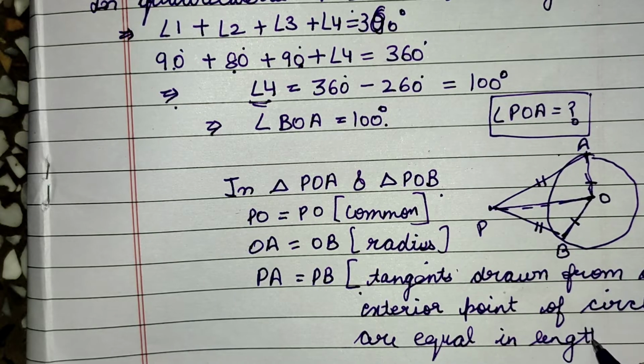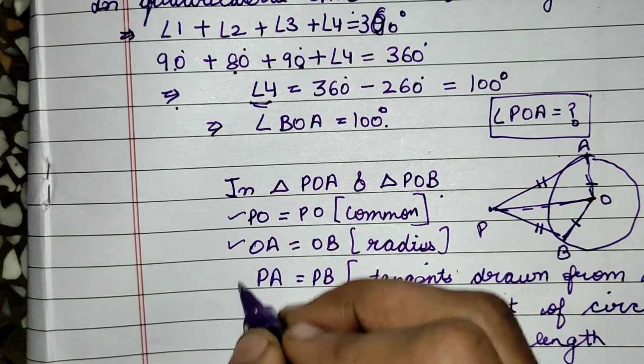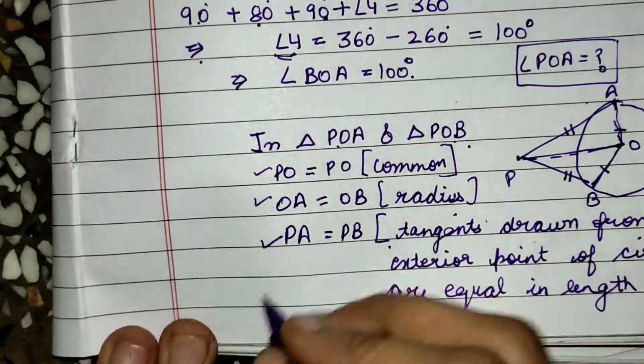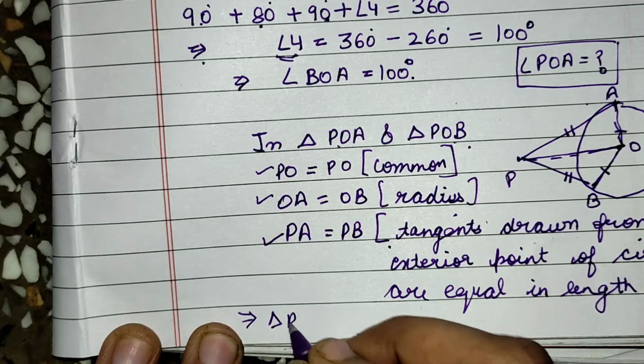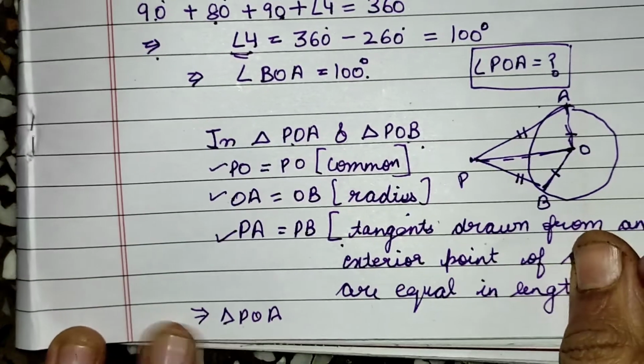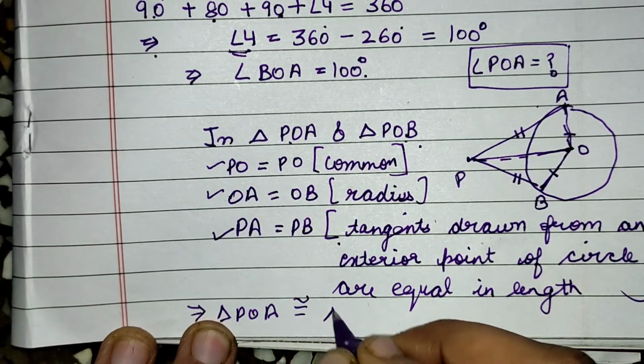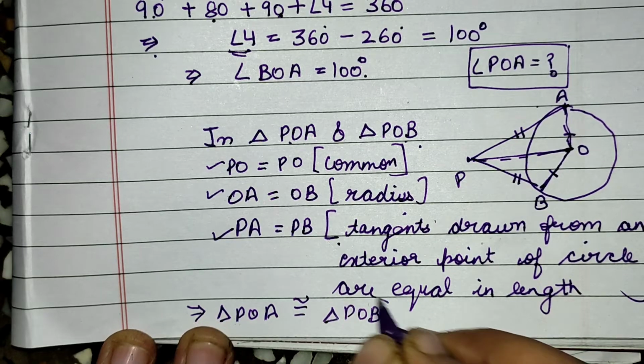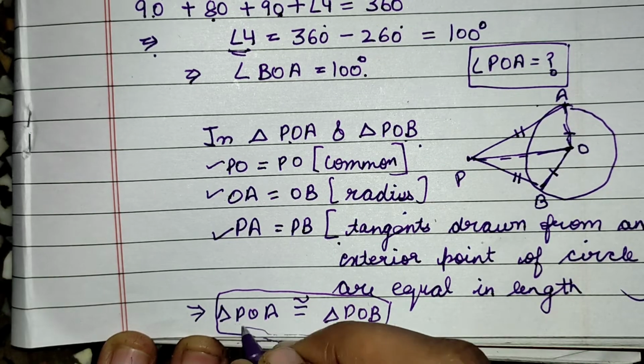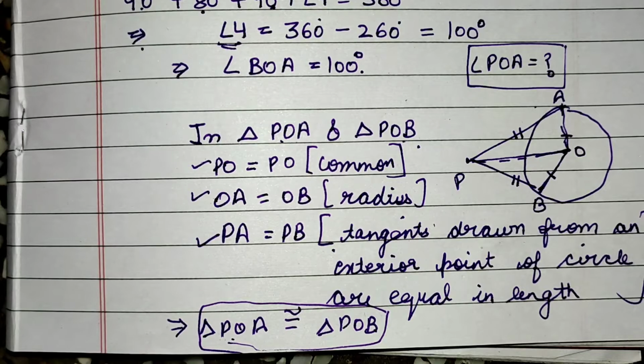So that means if our three sides are equal, both the triangles are congruent to each other. Triangle POA is congruent to triangle POB.